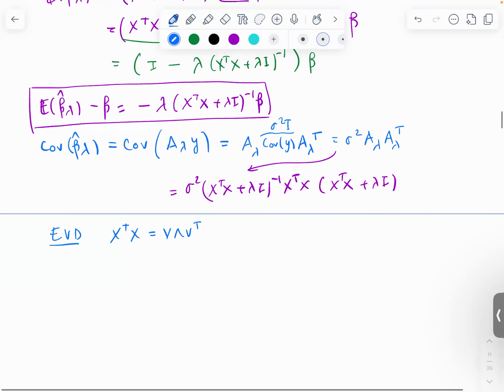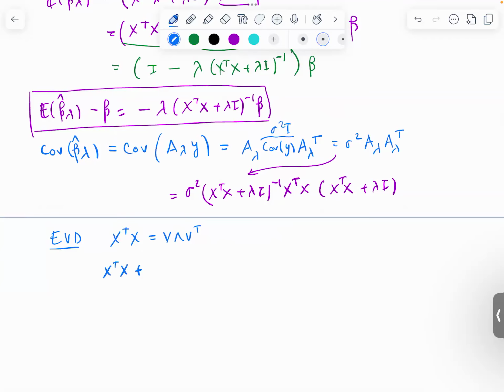The first thing I can ask is what is the eigenvalue decomposition of X transpose X plus lambda I? This is another symmetric matrix. Since lambda I is just a diagonal matrix, you could factor out V and V transpose. Yes, you're on the right track. So this is V lambda V transpose, and I can write the identity as V V transpose.